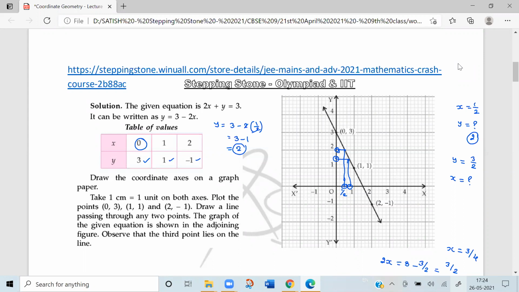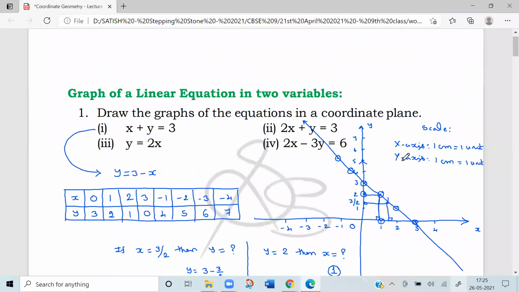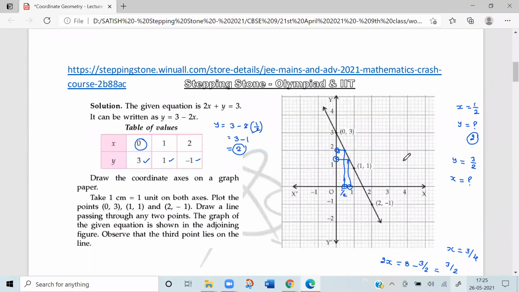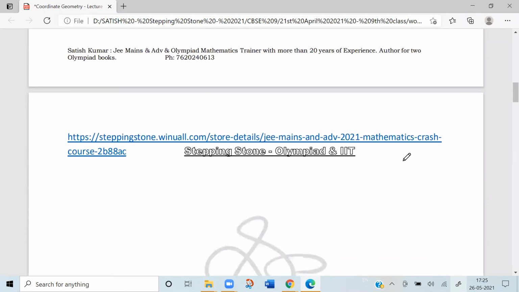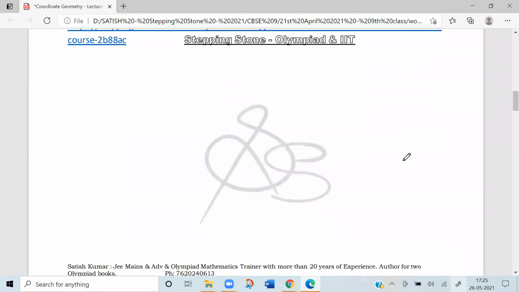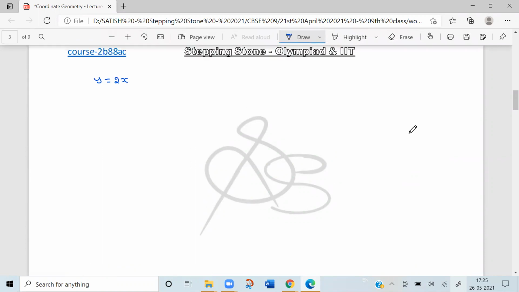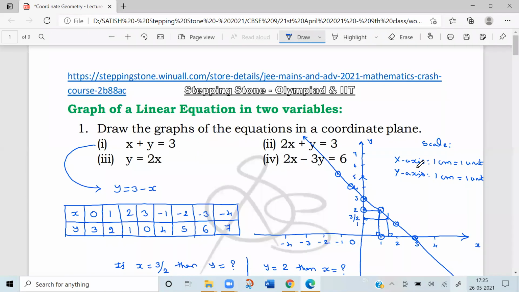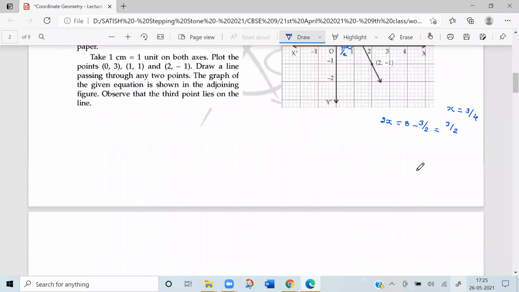Do the next. What is another? y equal to 2x. And one more is 2x minus 3y equal to 6.